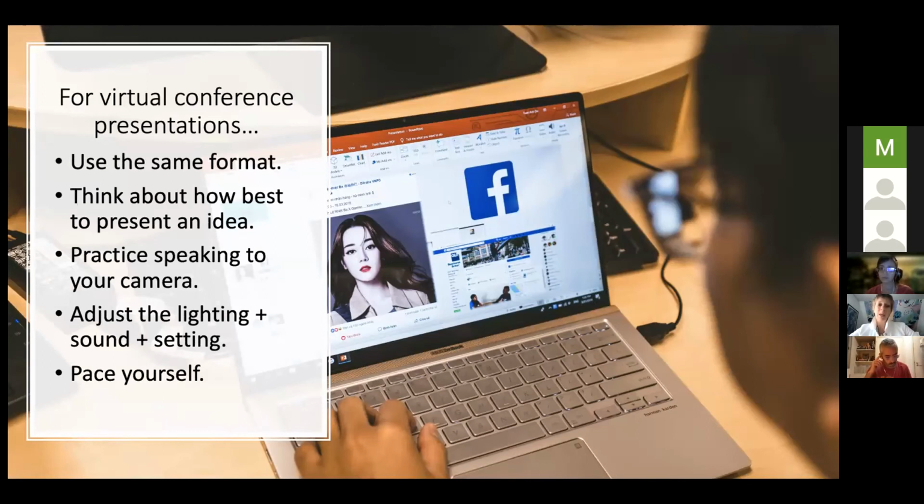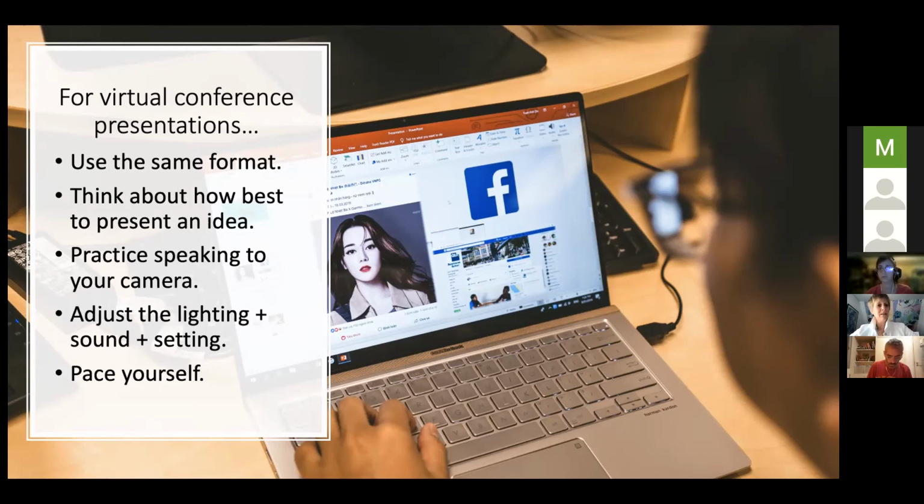So just pay attention. I would say use a very similar format. Think about how best to present an idea. Think about what you can show on your screen that's going to present your idea or your message very clearly.